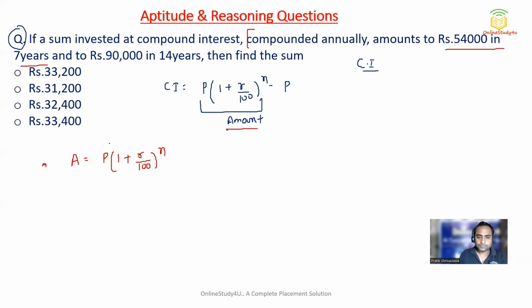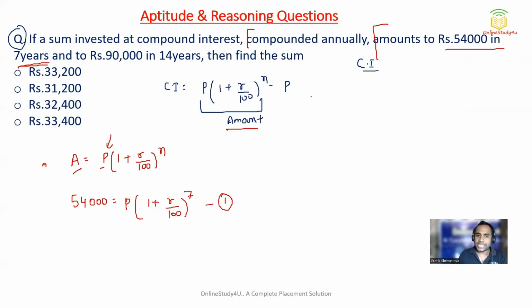Now p is nothing but your principal, your investment. So friends, when you are investing some amount, how much is it becoming? It is becoming 54,000. See, amounts to, that means the amount they have given is 54,000. Principal we don't know, r also we don't know, years we know, right? So in 7 years it is becoming 54,000. This is my equation 1.